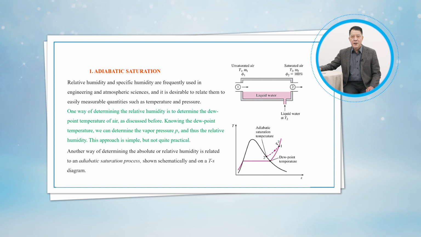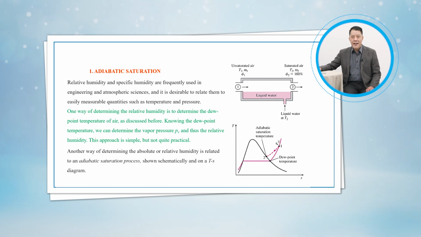As the air flows over the water, some water evaporates and mixes with the air stream. The moisture content of air increases during this process, and its temperature decreases.